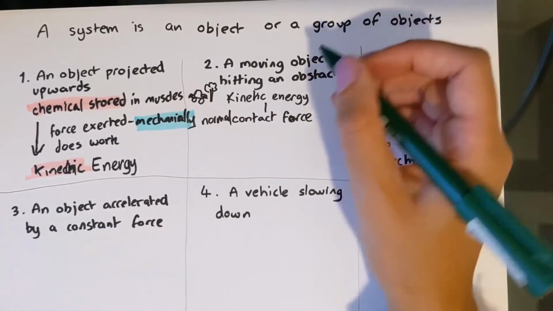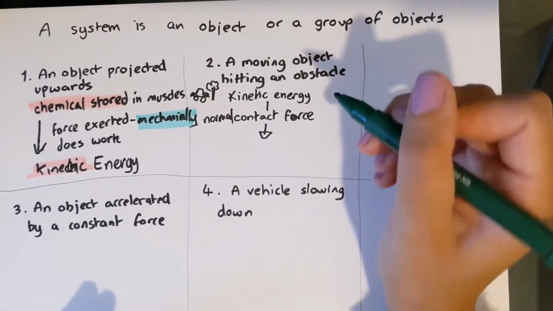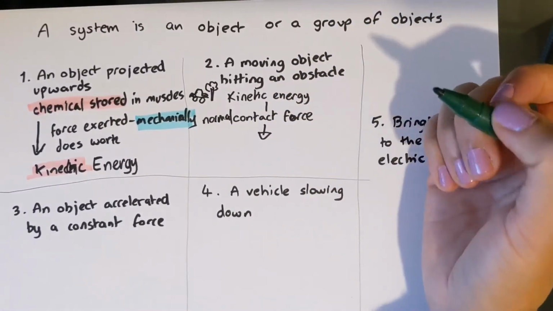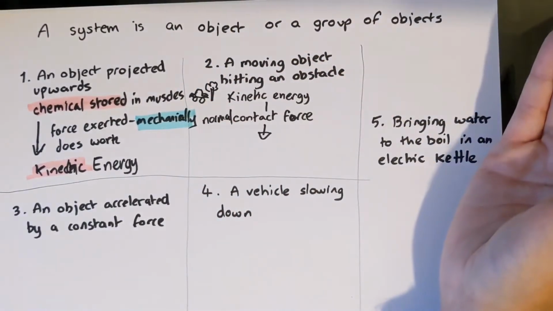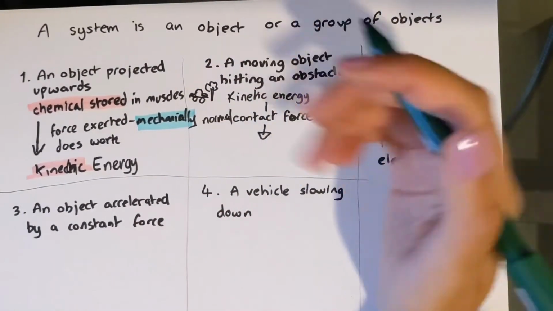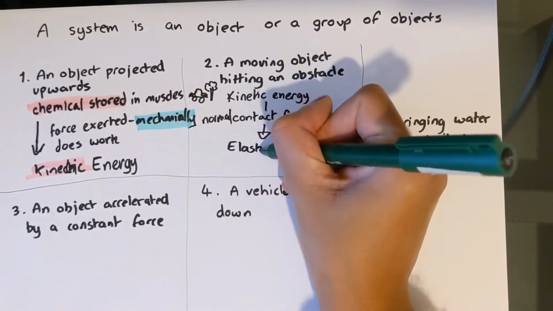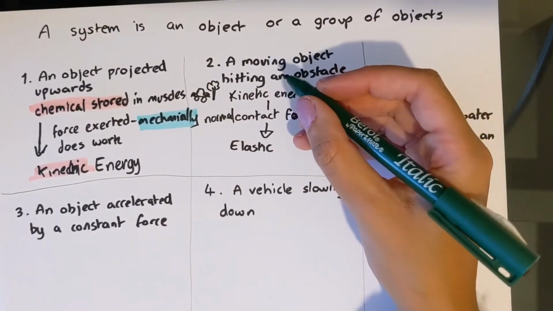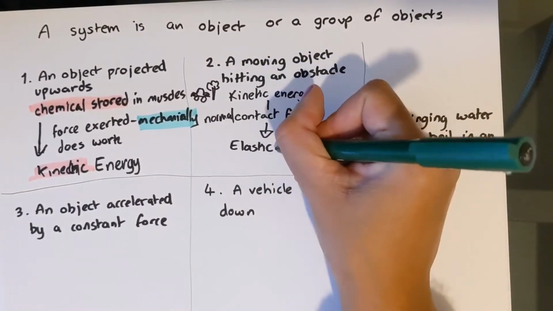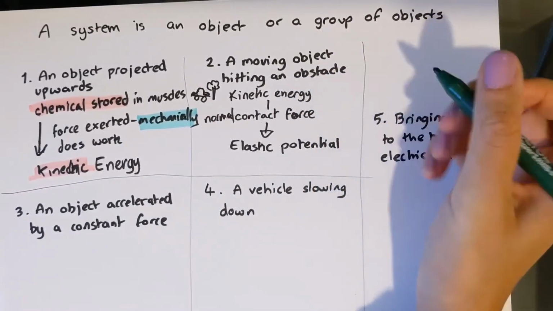So work is done to slow the car down. So what's going to happen? The tree is going to move away from the car as it hits into it, but then it's going to bounce back. So that's elastic, isn't it? Elastic, because it's deformed, but it's gone back to its original shape. So elastic potential energy.